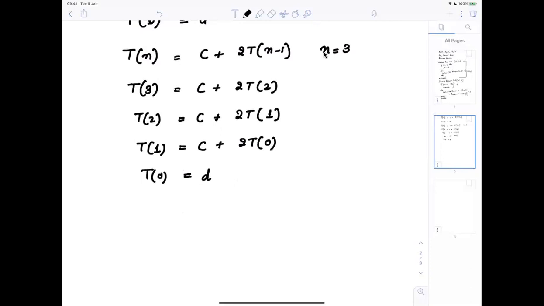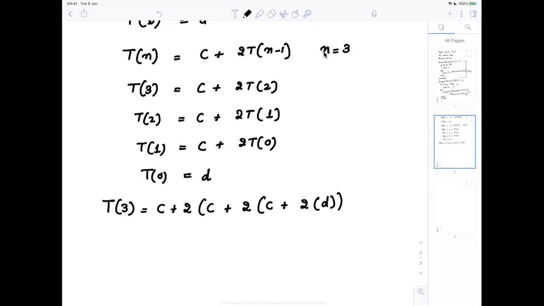So let's expand this t of n in terms of these values. I'm assuming that n is equal to 3, right? So I have t of 3 is equal to c plus 2 into c plus 2 into c plus 2 into d, right? This is the cost for computing t of 3.